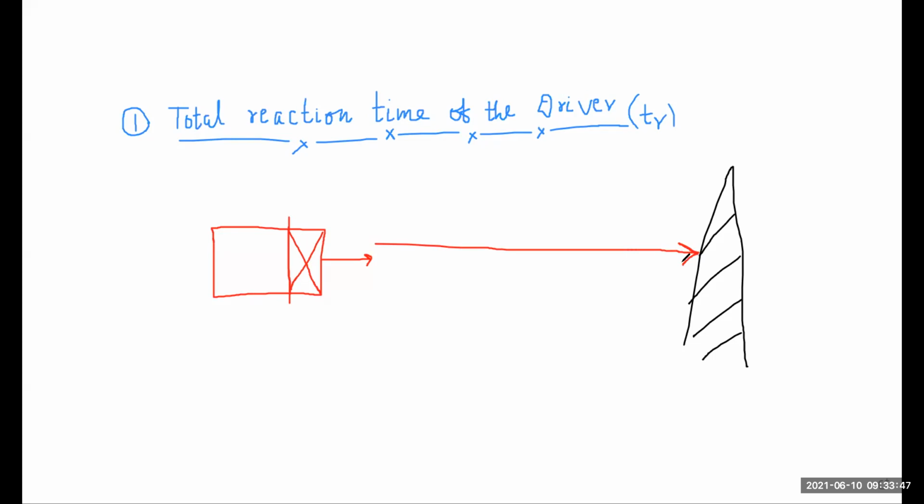So basically, the time taken by the driver to see the object, and then if he sees the object, something goes on in his mind: that a cow is coming, that a dog is coming, that a tree is falling ahead of him.